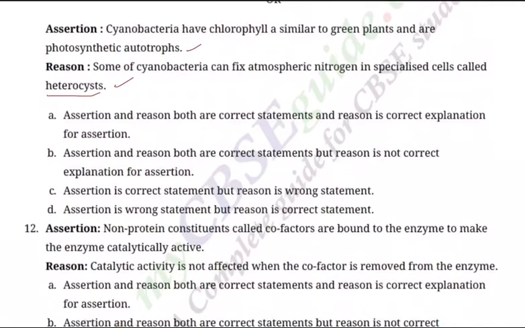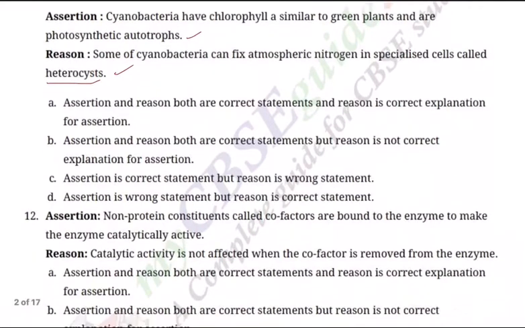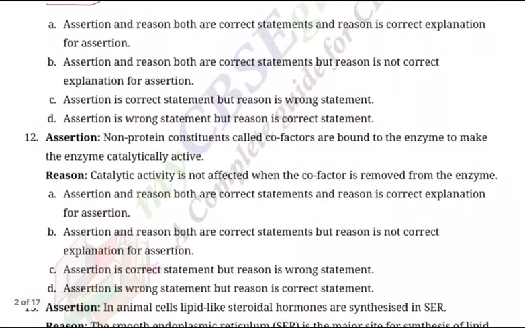Again choices. A, A and R both are correct statements and R is the correct explanation for A. B, A and R both are correct but R is not the correct explanation for A. C, A is correct but R is wrong. D, A is wrong but R is correct.